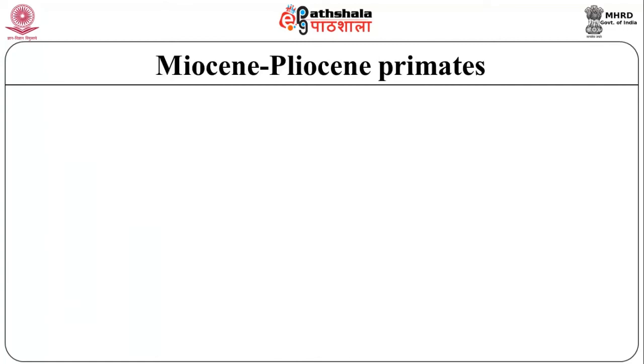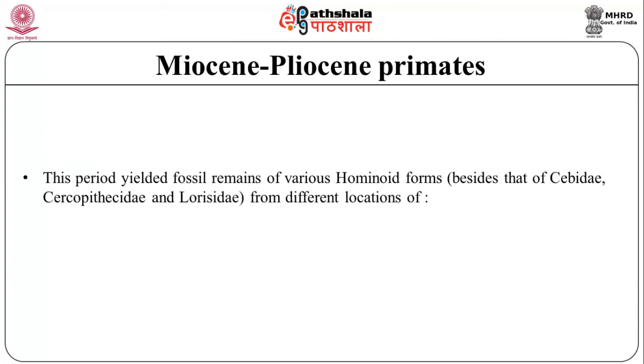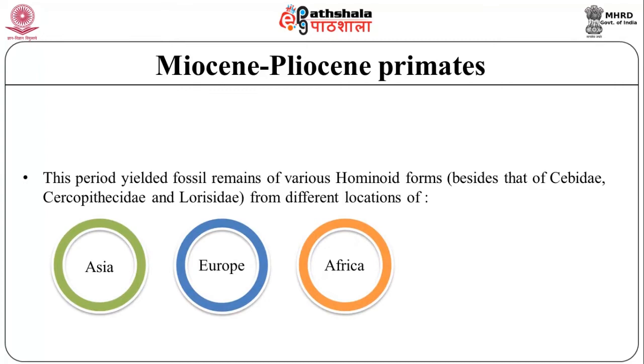Miocene and Pliocene epochs can be examined together. This period yielded fossil remains of various hominoid forms besides those of Cercopithecidae and Lorisidae from different locations of Asia, Europe and Africa.